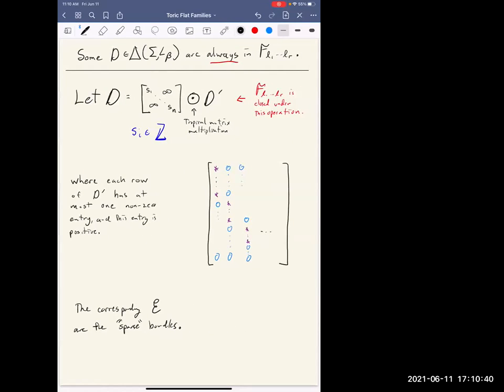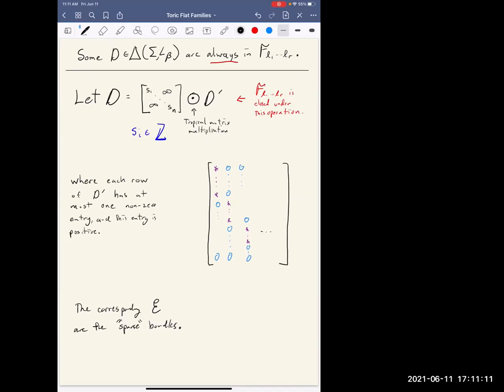So it turns out that some diagrams are always live in this complex for any choice of linear generators. To describe them, roughly speaking, you take a matrix where each row has at most one non-zero entry, and then you're allowed to tropically multiply that matrix by any diagonal tropical matrix.